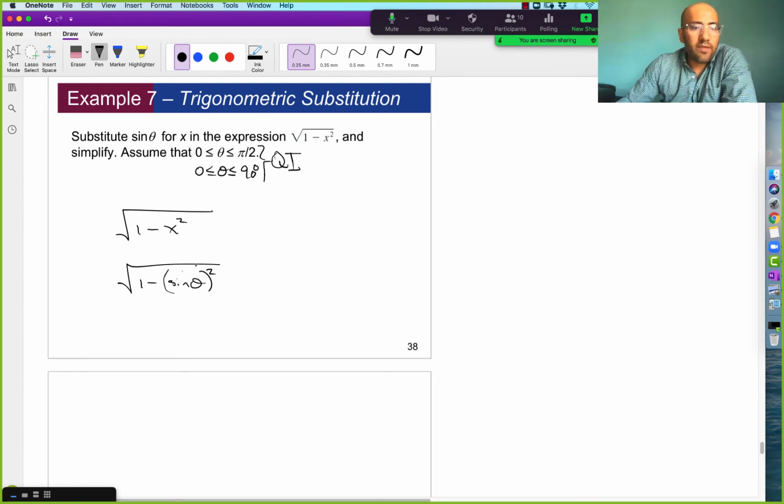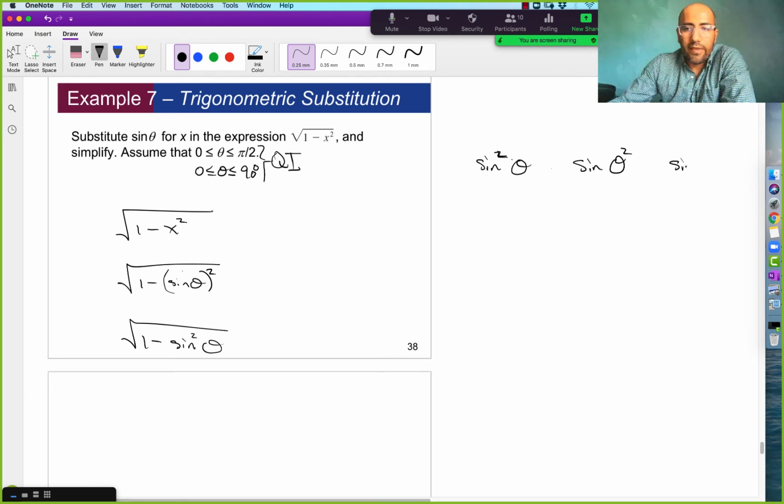Notice, by the way, that this notation is the exact same notation as this. I've noticed some people get confused about that. But you have to be careful between this and this and this. This one and this one are the same.